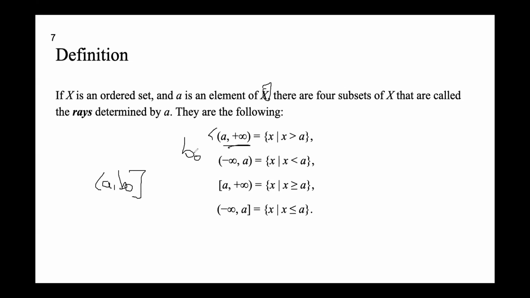These two sets would be equal. Any question here? No. And this set is a basis element. It is the third type of sets that we've seen in the definition of the order topology.